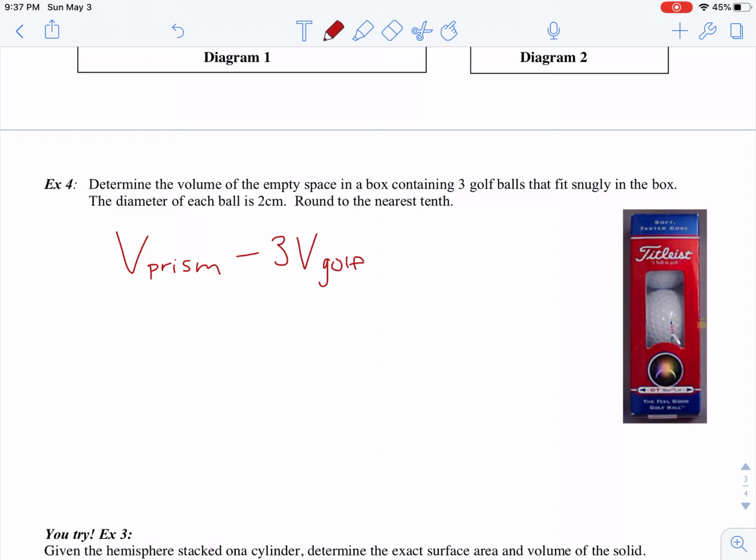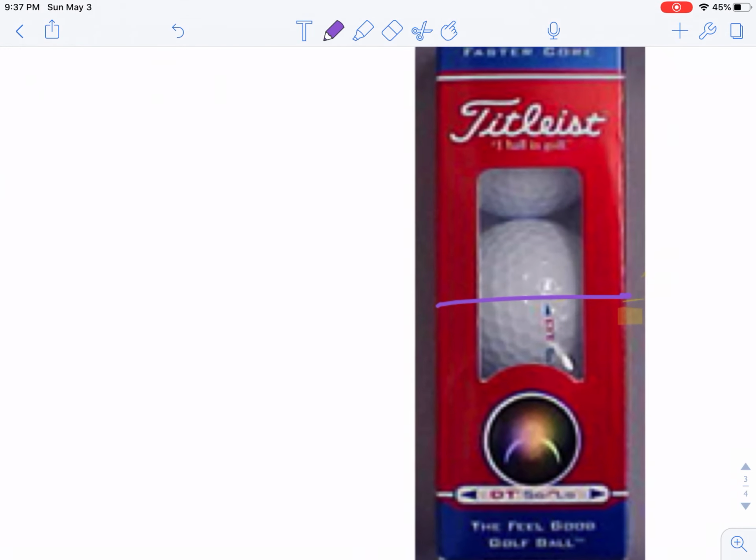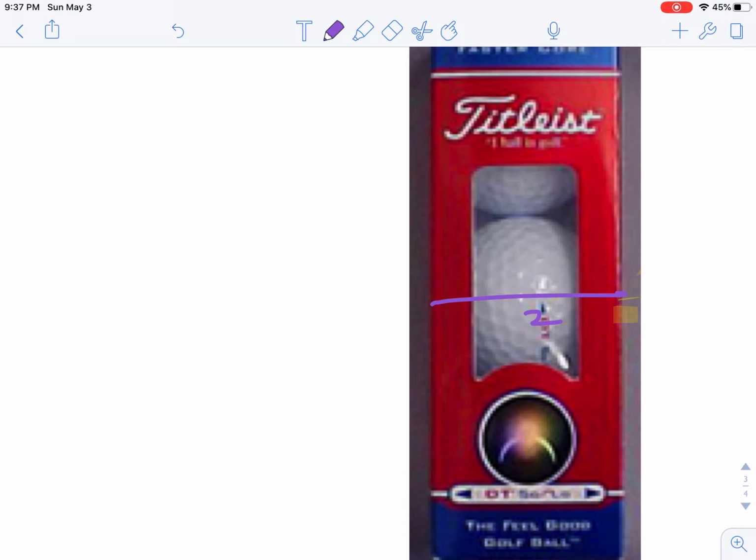So for the volume of the prism, we have to think about what this is going to look like. It says the diameter of the ball is 2 centimeters. If I draw that here, and this is 2 centimeters, well, that diameter is the same all the way around.